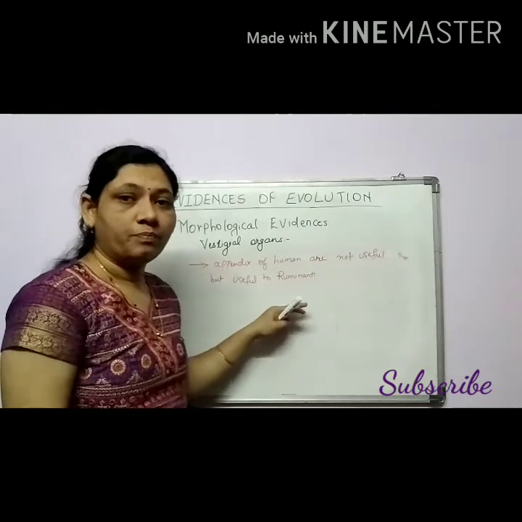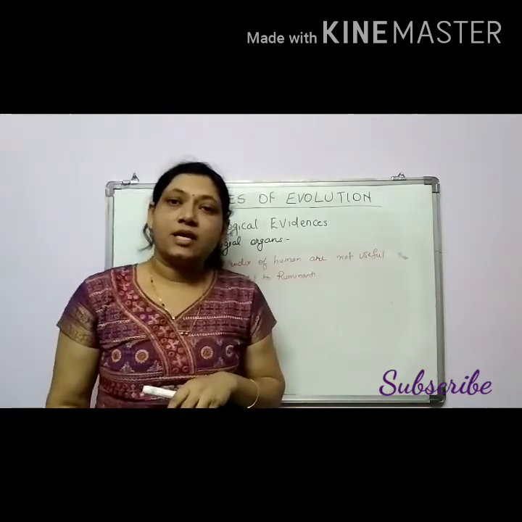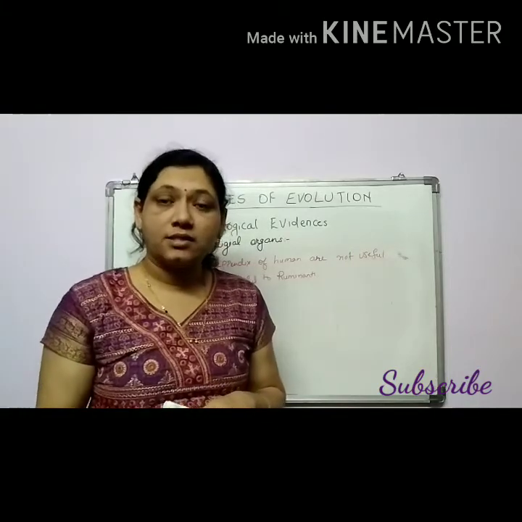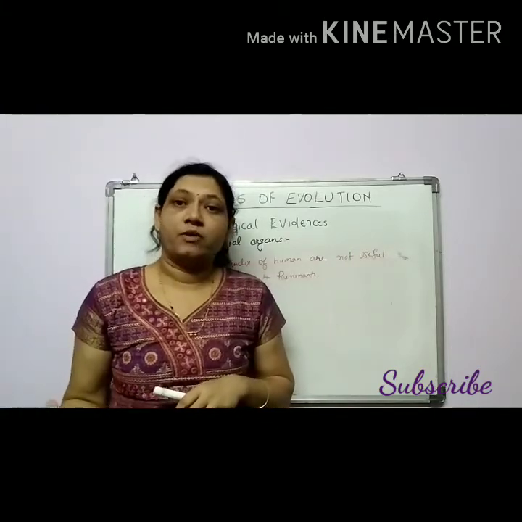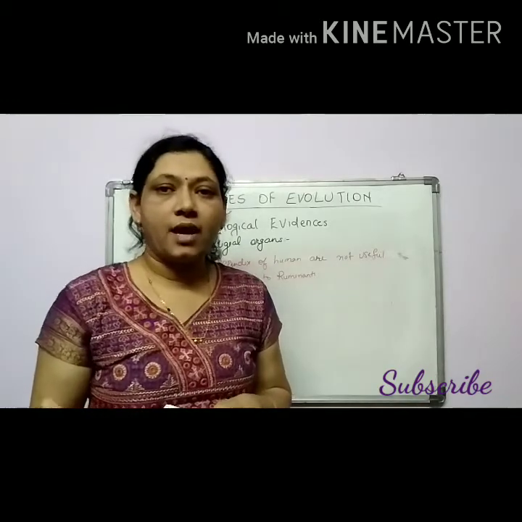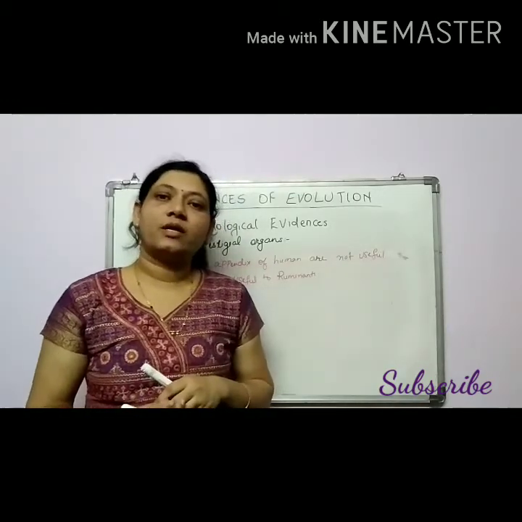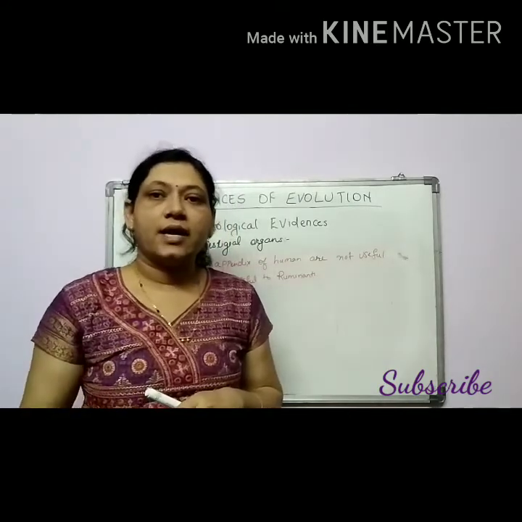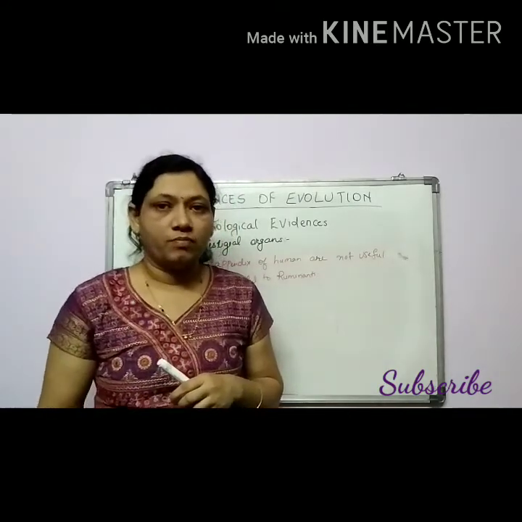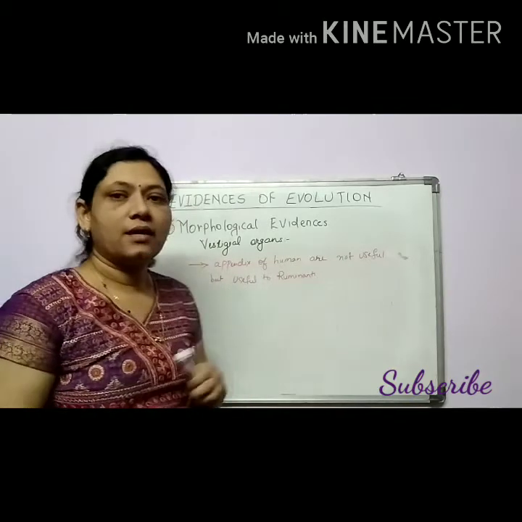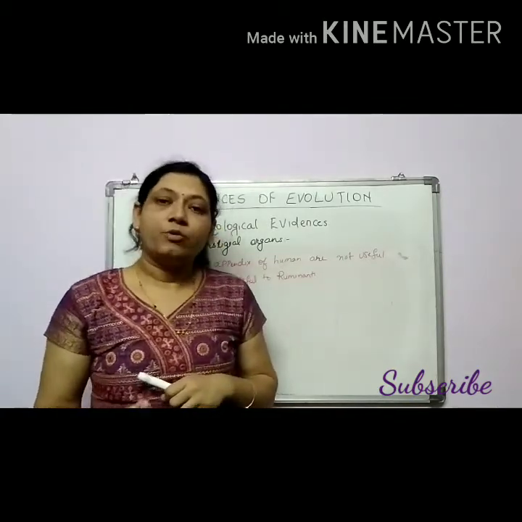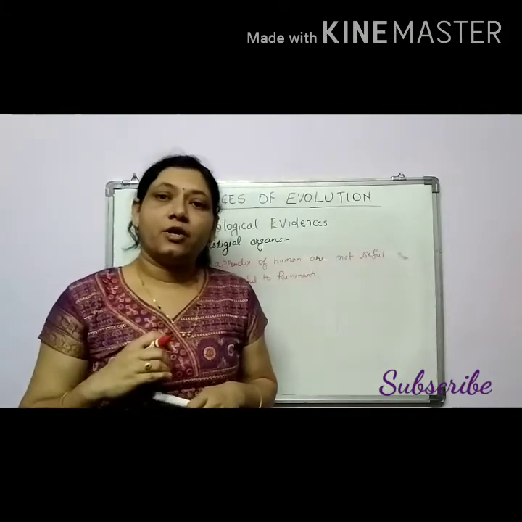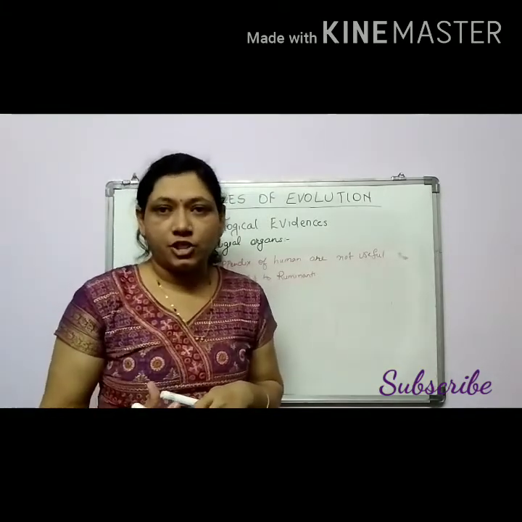Ruminants means what? The animals which are grazing, for example cattle, sheep, cows, buffaloes, camels, they are ruminants. Why are they called ruminants? Because they have a rumen inside the digestive system. Just like we have an appendix, they have a rumen. The food which they swallow first gets inside the rumen before digestion.